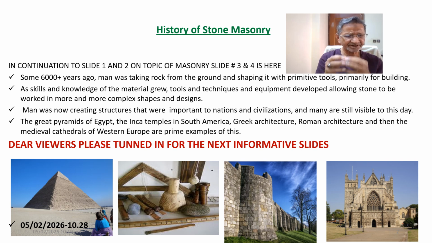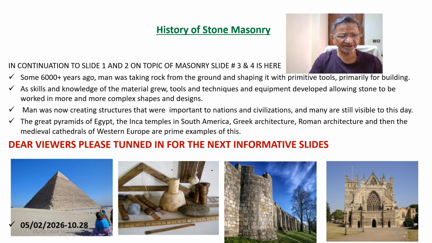The buildings were constructed. Stone masonry is popular for its strength, durability and aesthetic appeal. It is used in traditional buildings as well as in modern buildings, as you can see.